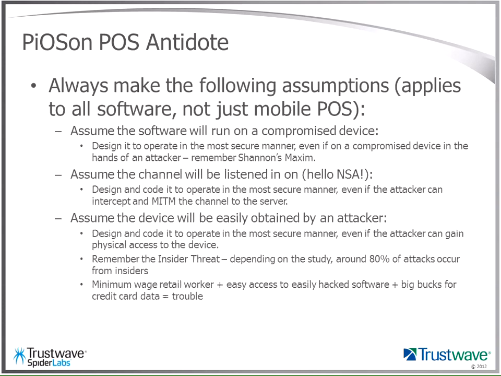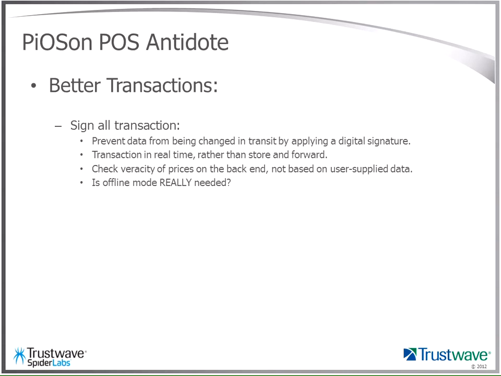The other thing I'd like to point out is, is offline mode really needed? I had two issues with this attack when I was sending user supplied data and altering the transactions and giving myself great big discounts and making it so that you ended up paying me instead of me paying you for stuff. I was intercepting it over SSL, but I didn't have to do that.